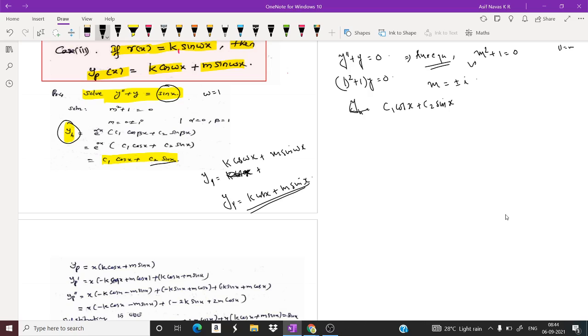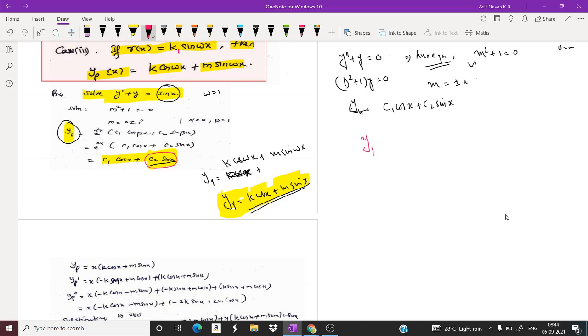If we take yp equal to this, then we will get 0.